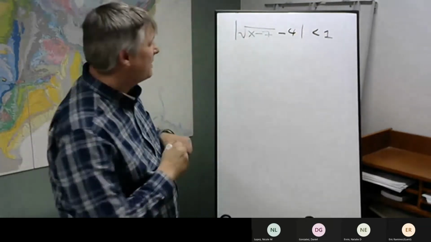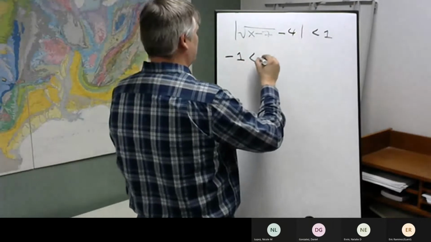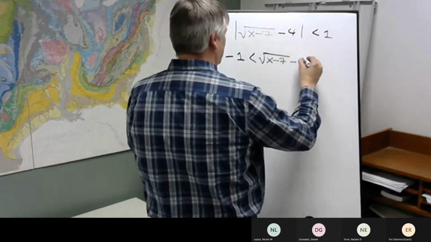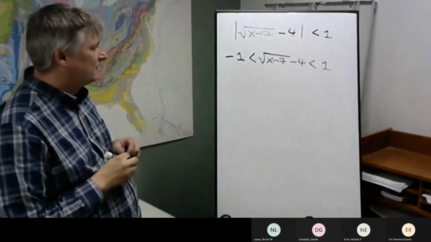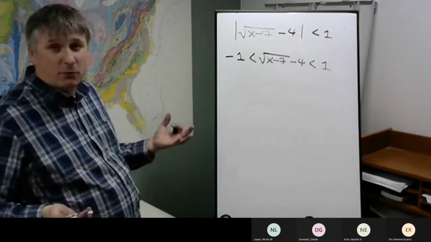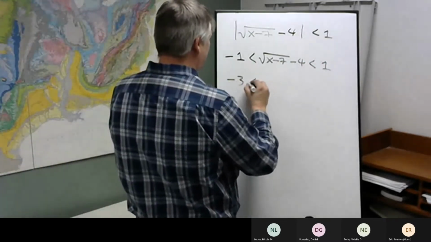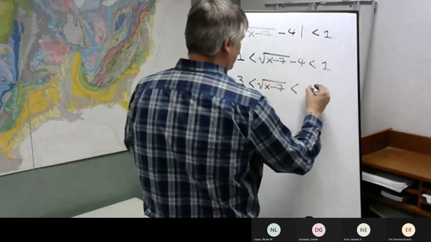Now again, we're going to break this up into minus 1 and 1. We could add 4 to both sides. We have minus 3 less than the square root of x minus 7 less than 5.